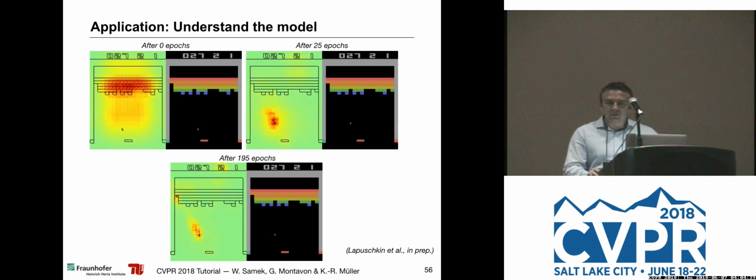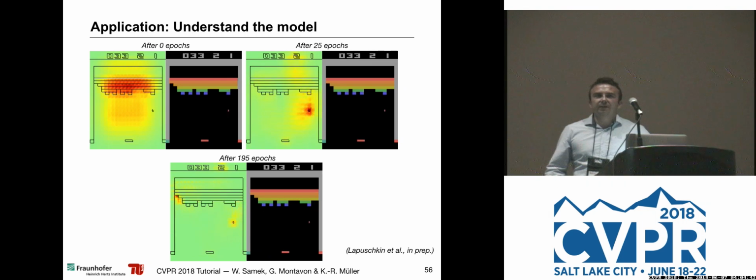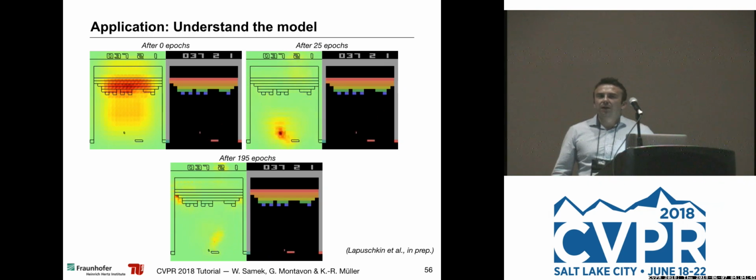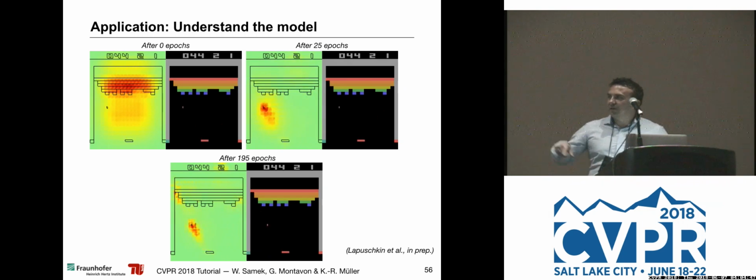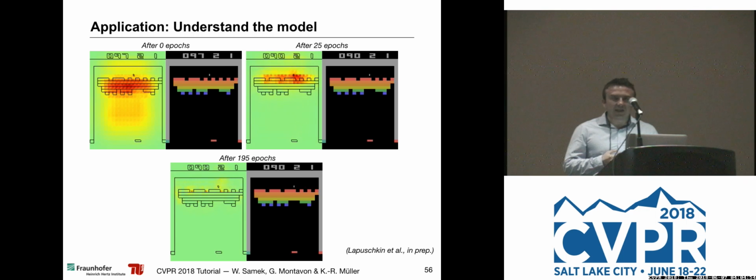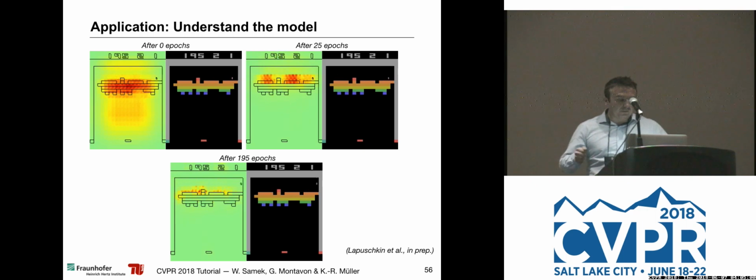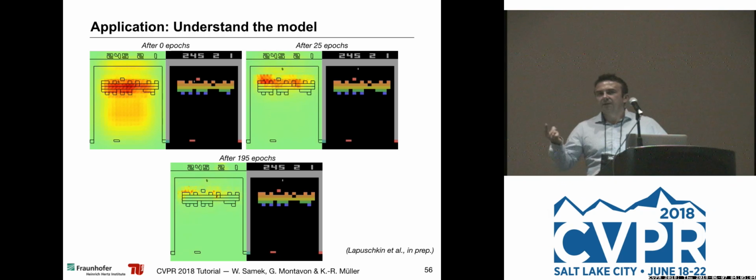You see that the model puts relevance everywhere, but it's quite static. It doesn't track the ball. Maybe I should mention that in this case the game was fixed. We recorded the game using a model which can really play Breakout, and we then applied different models, the 0 epochs, the 25 epochs, and the 195 epochs model, to get the explanations.